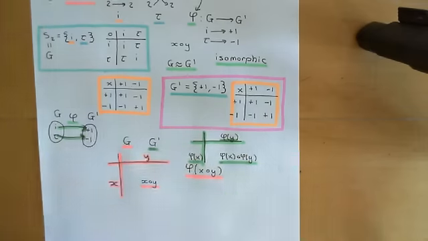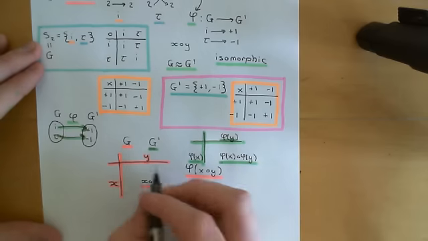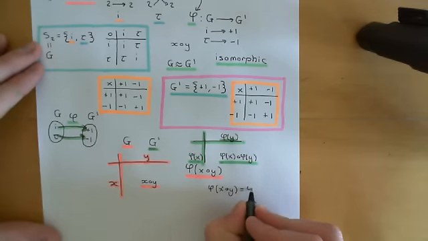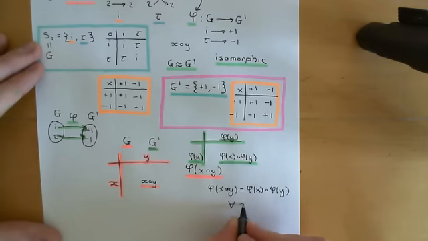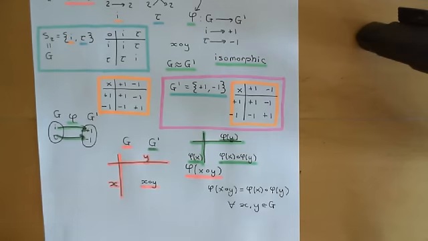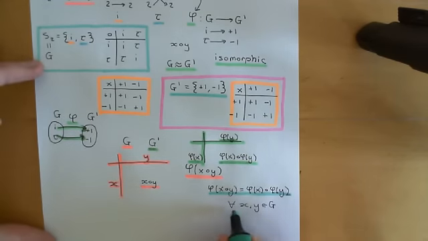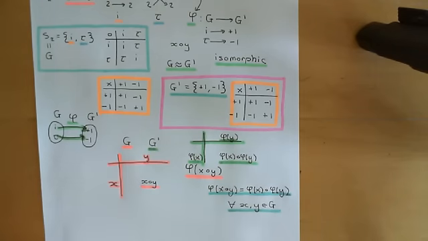So we want these two things to be equal to each other for all little x and y that are elements of big G. So we want phi of x composed with y to equal phi of x composed with phi of y, for all little x and little y in big G. And that is the condition on this relabelling bijective map between G and G prime to be an isomorphism.